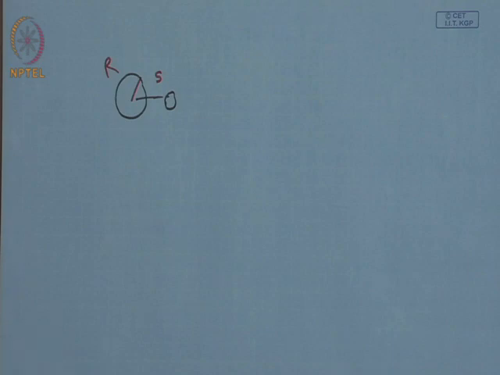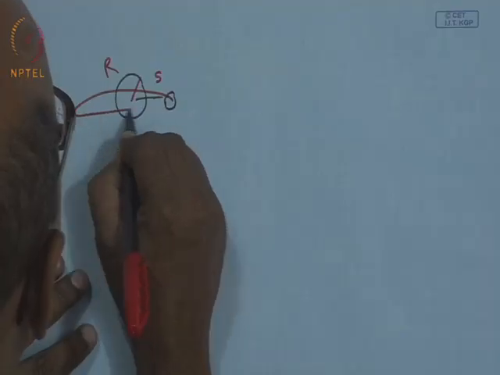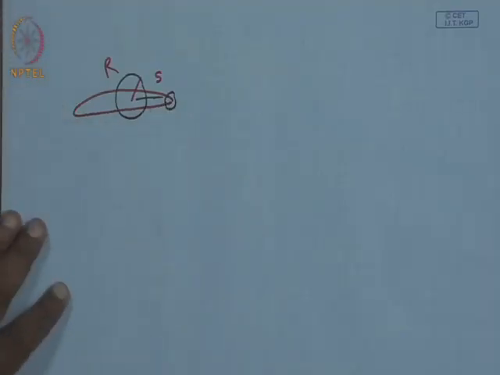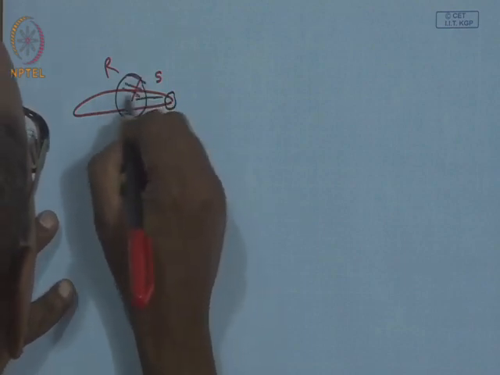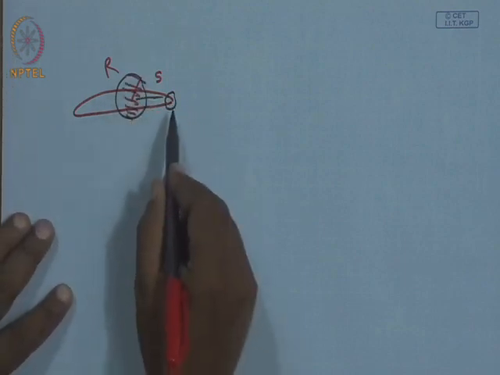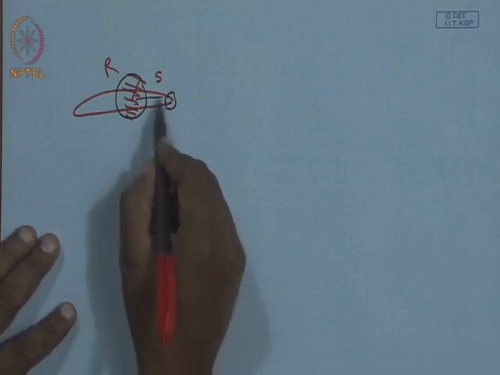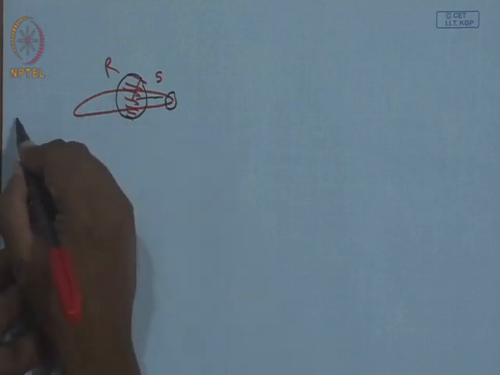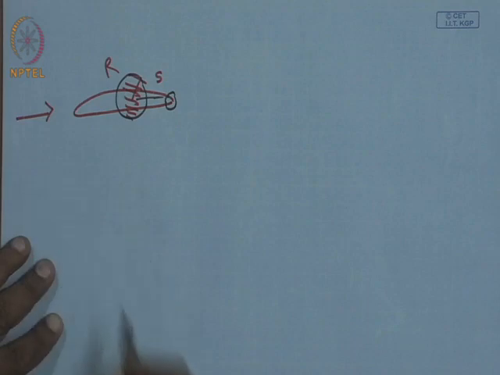So, let us briefly now discuss what kind of a reduction of light you expect and its visible consequences. Let us consider a hypothetical situation like this, where you have two stars, one of them rather big and the other smaller, and they are going around in a circular orbit, and the observer is located over here.